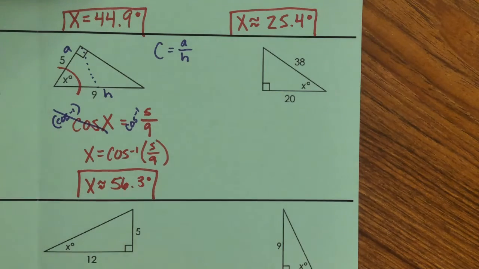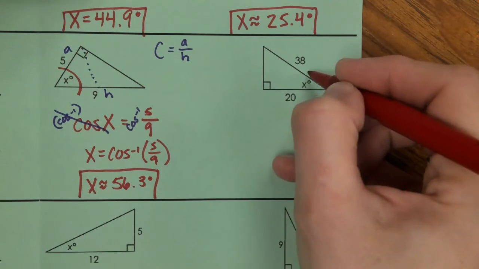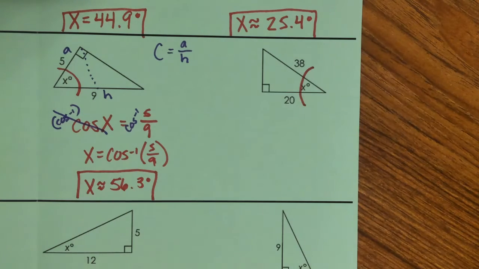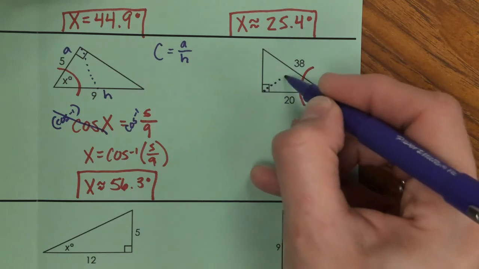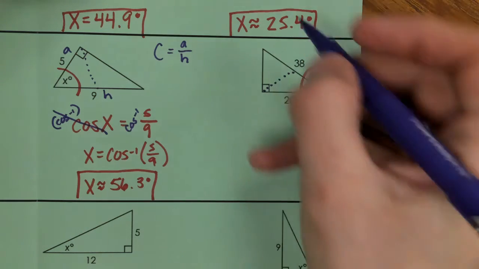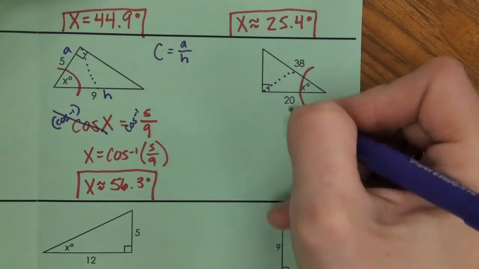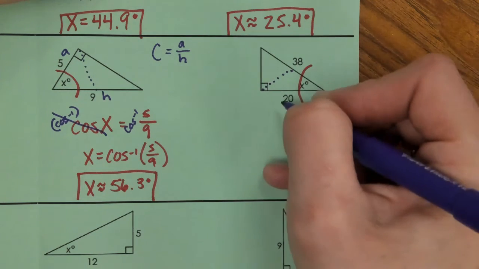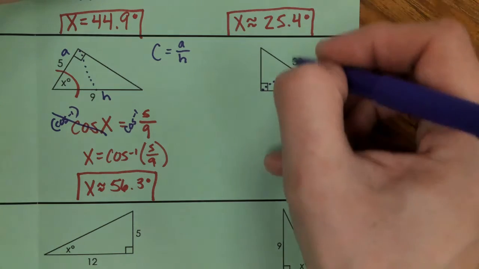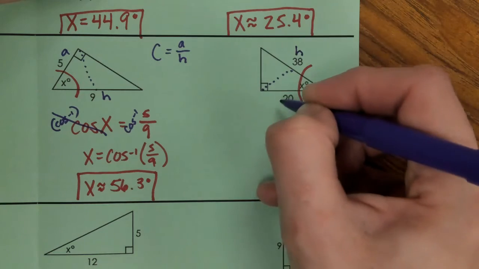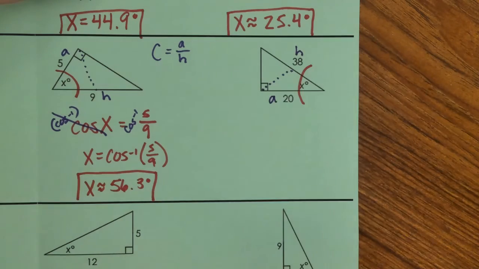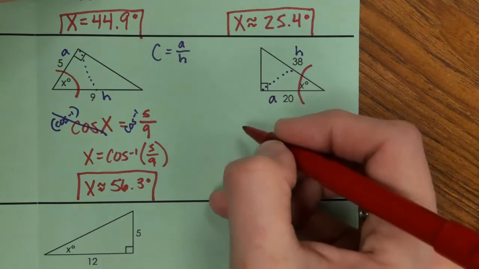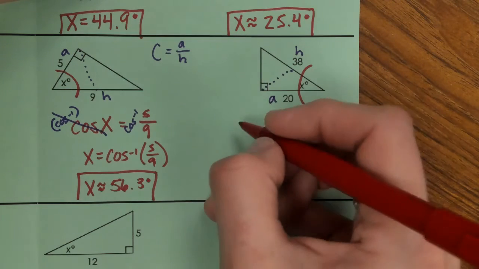So now you've tried it on your own, right? First step, reference angle. Second step, locate what sides we're using. I see here two sides that include the angle, so I know I'm going to have one hypotenuse, one is adjacent. The one across the 90-degree angle is the hypotenuse. So this one will be our adjacent. So A and H, cosine.